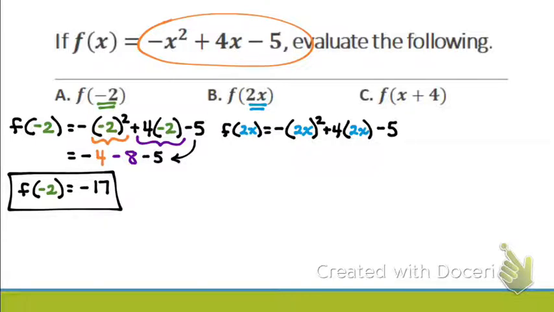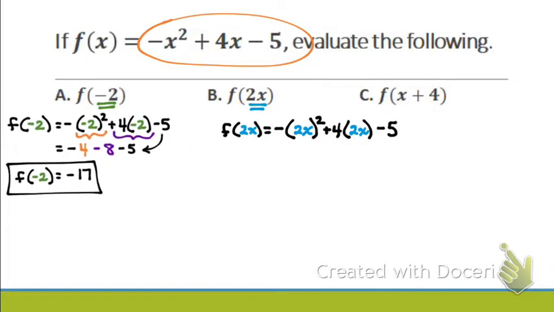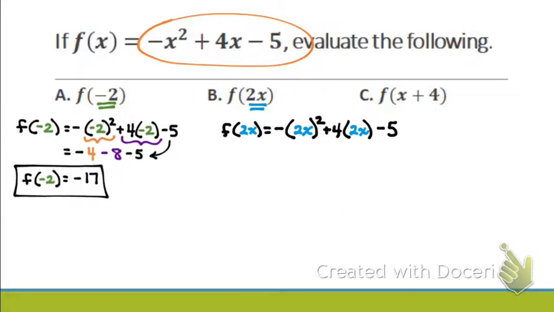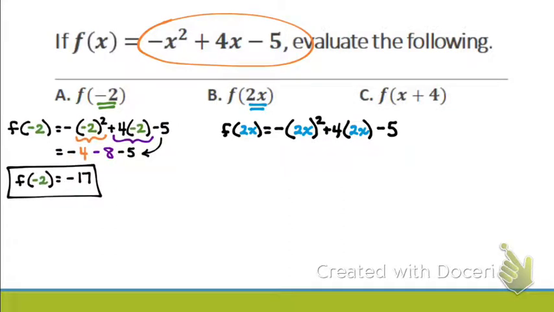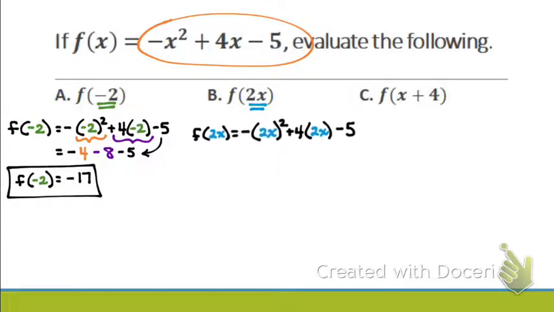Same thing I did before. It seems a little weird to say I'm going to put something with an x in it in the place of x, but that's exactly what we're going to do. And then I want to evaluate each of these terms and combine anything together if I can.